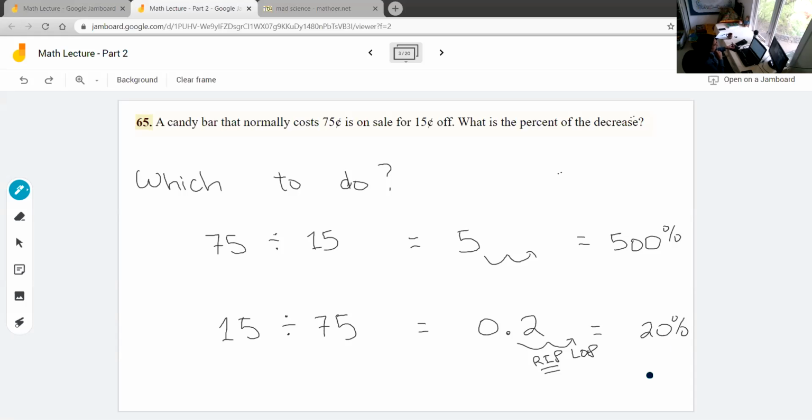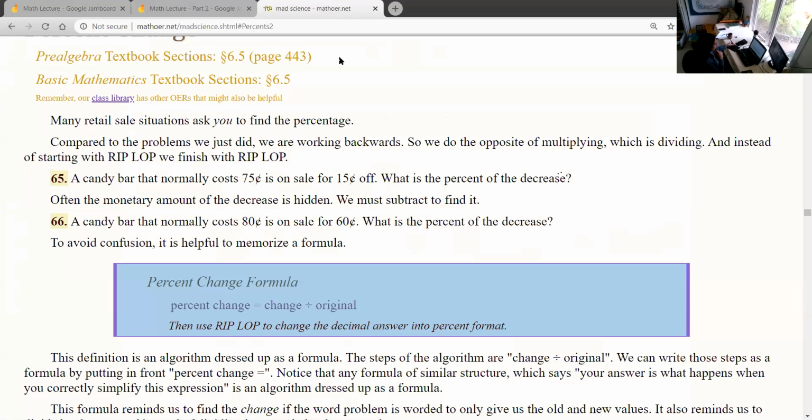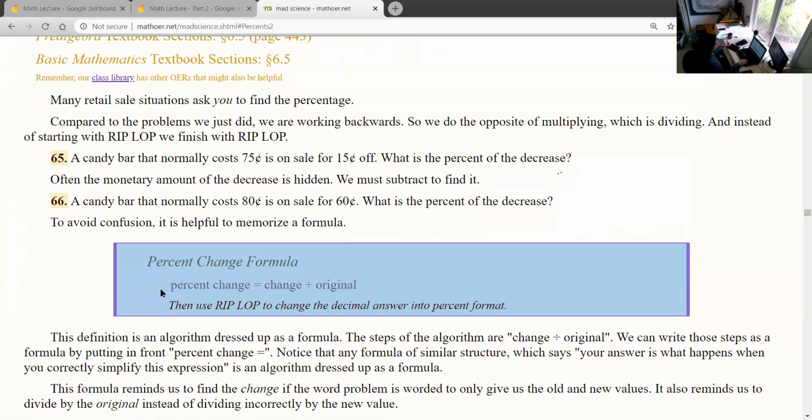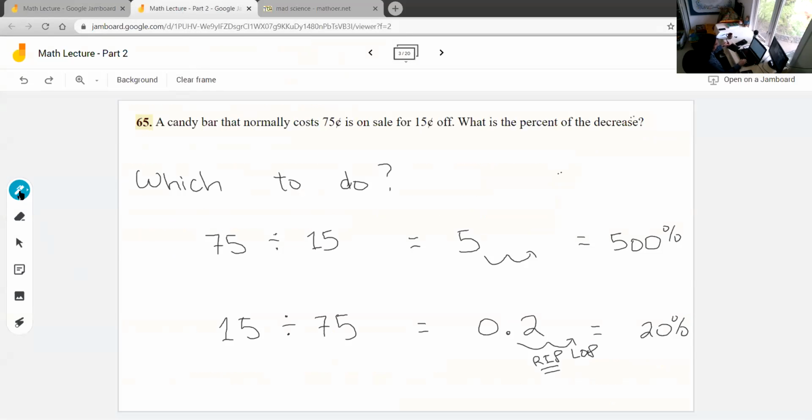Okay, so how do we remember this? The percent change formula is we take the change and we divide by the original. So in this case, the change was the 15 and the original was the 75.